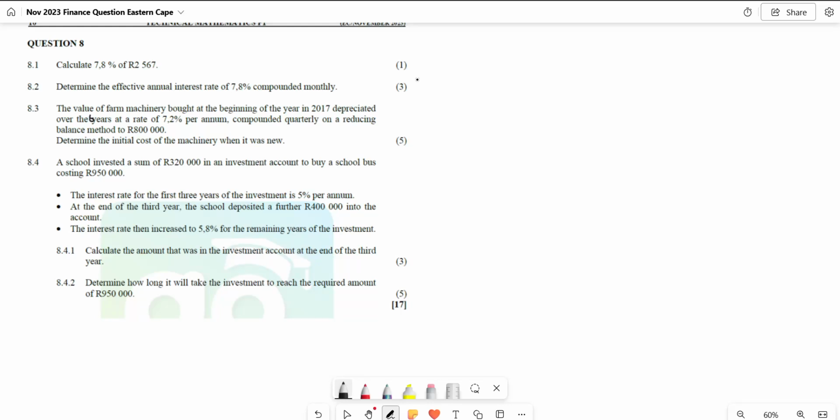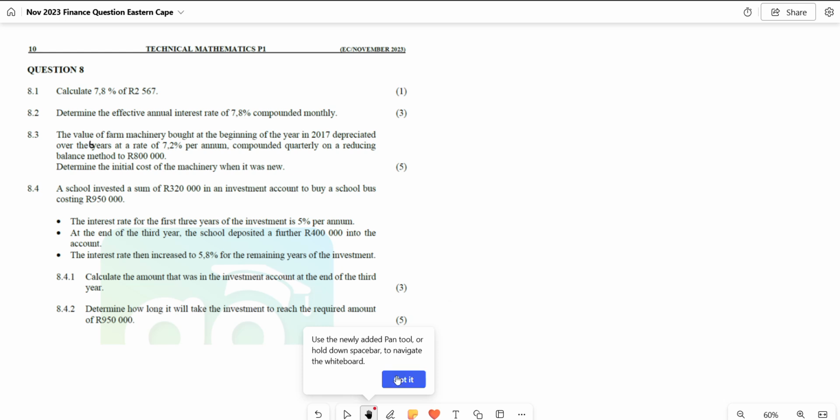Welcome back to another section of technical mathematics, where we address all the misconceptions that our learners, candidates and students may have as far as finance, growth and decay is concerned.